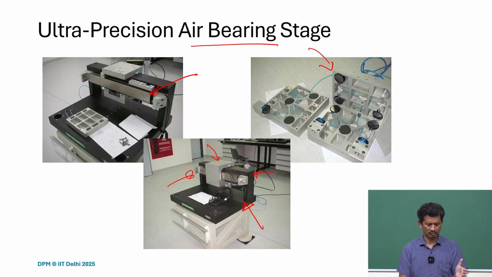What one may also see is the sensing part. The encoders are also there, so you have the linear encoders, and these days you can find very high resolution encoders, and it can be used, and then using a proper controller we can achieve very high precisions.